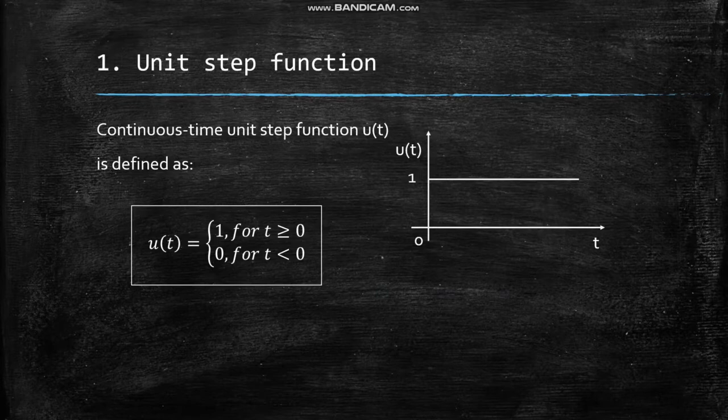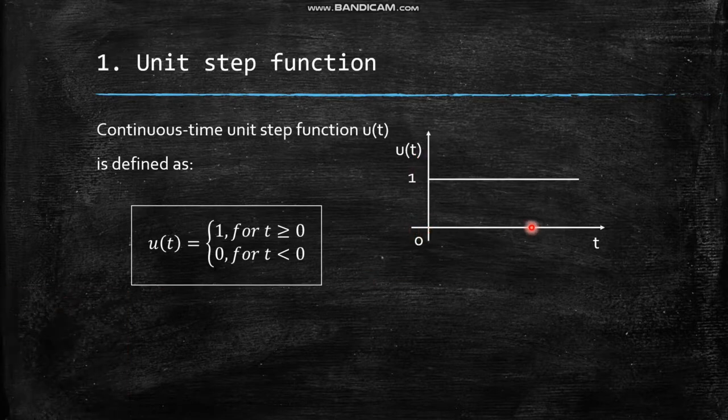A step function is a type of elementary function which exists only for positive time and is zero for negative time. If a step function has unit magnitude, then it is called a unit step function. It is represented as u of t for continuous time, and the condition for satisfying the unit step function is u of t equal to 1 for t greater than or equal to 0 and 0 for t less than 0.